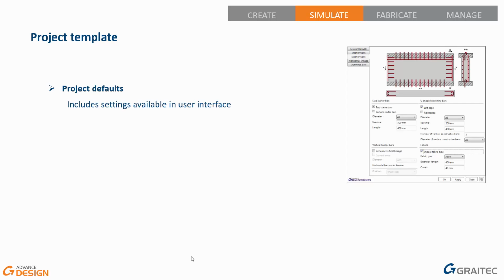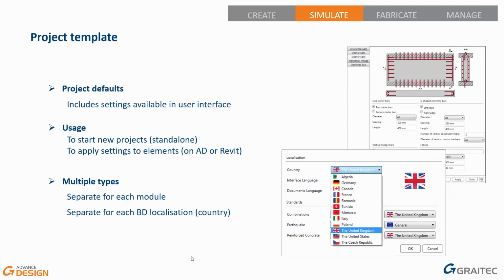Now, how to create a design template with Beam Designers. You need to open the Beam Designers standalone software first. Then you can set all the parameters, localize them depending on the country you're working in. And then you have different options.